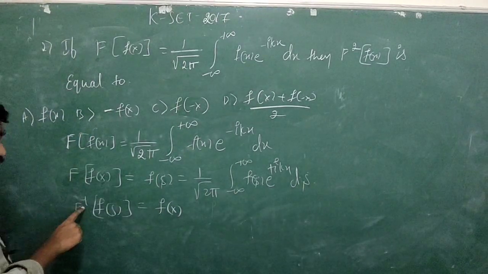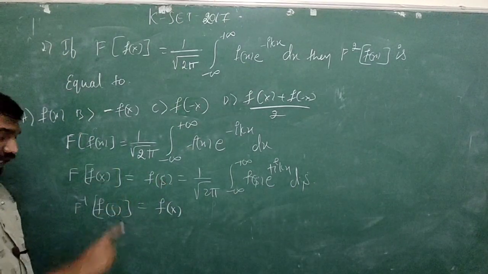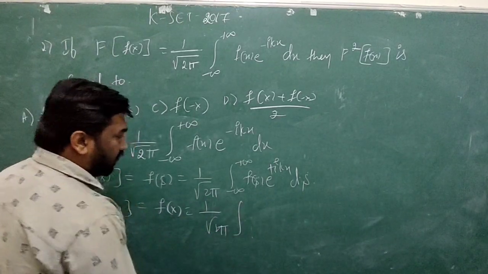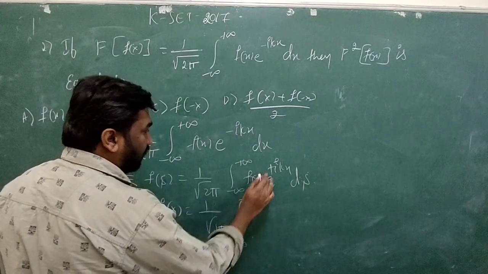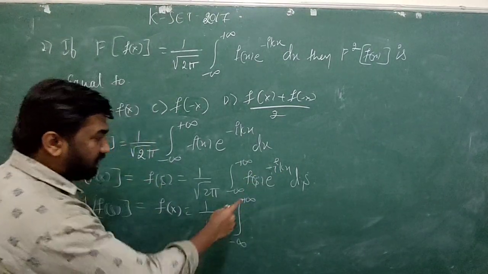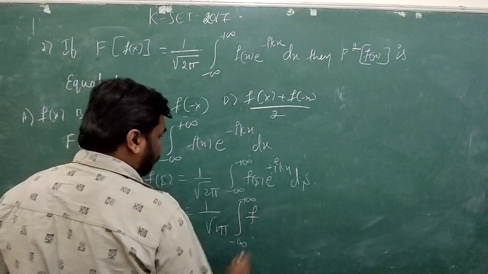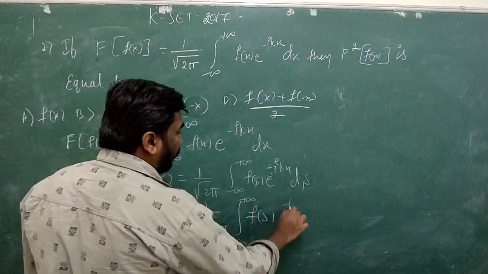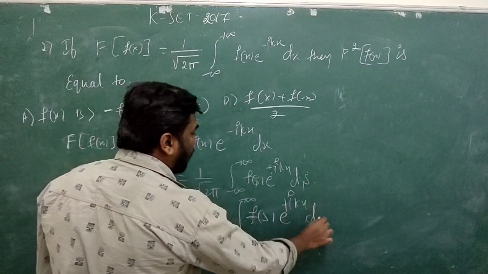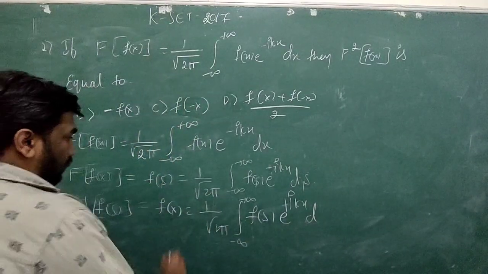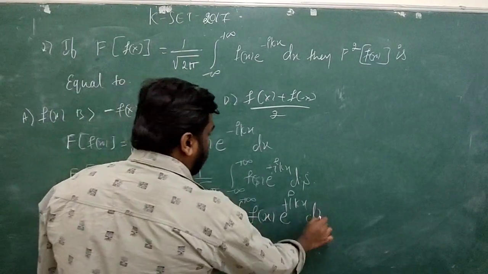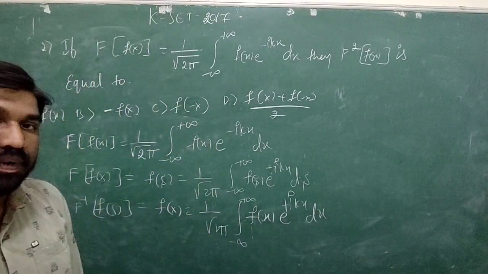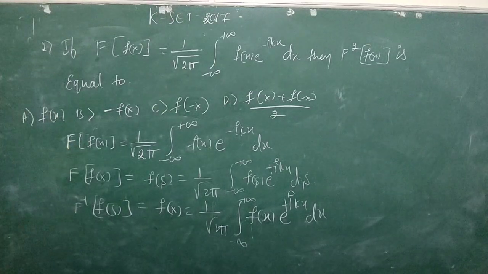Next, the inverse Fourier transformation of F of s is f of x, which is equal to 1 by root 2 pi integration from minus infinity to plus infinity of F of s e power plus ikx.